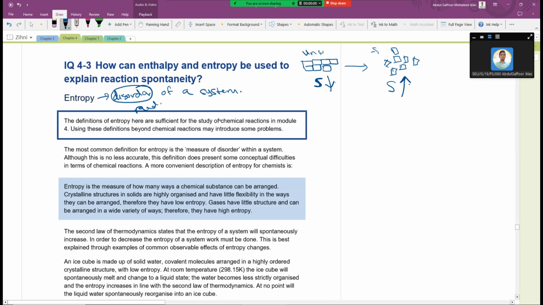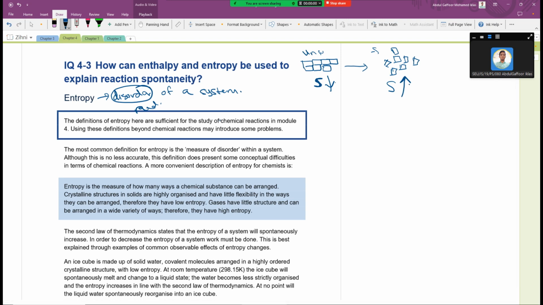It is the permutation or combination of the ways something can be arranged, a substance. Okay, so disorder or randomness.